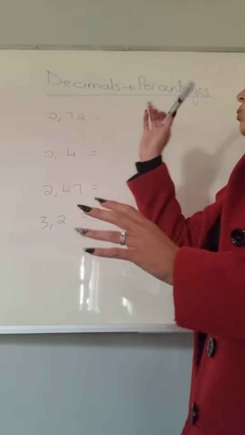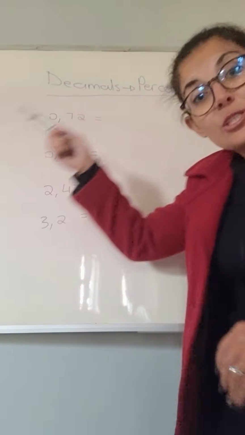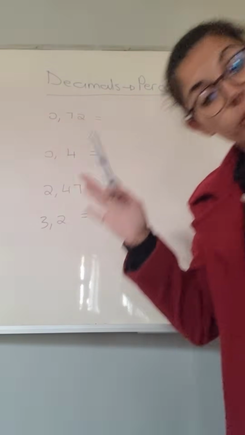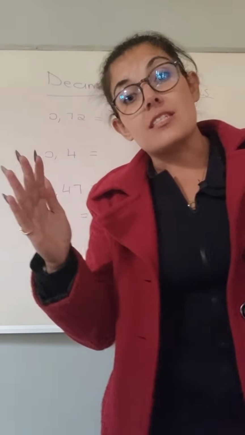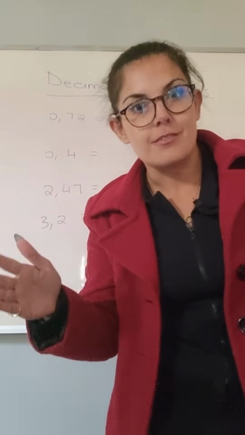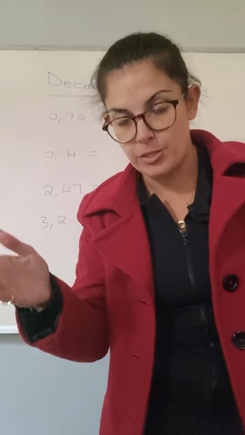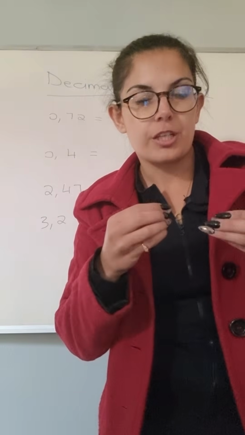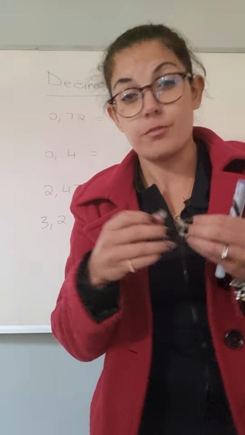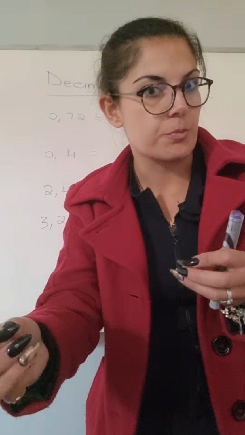Okay. What about converting a decimal to a percentage? What you need to remember is a percentage, usually the highest percentage you can get to is 100. Or if you think of it in terms of what you can get for a test, the highest you can get is 100%.